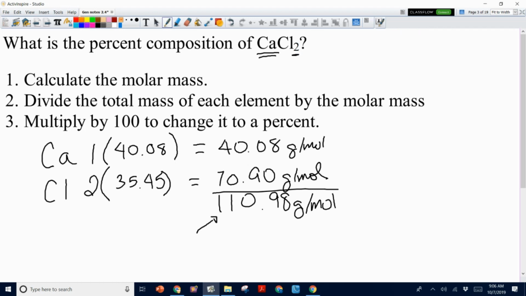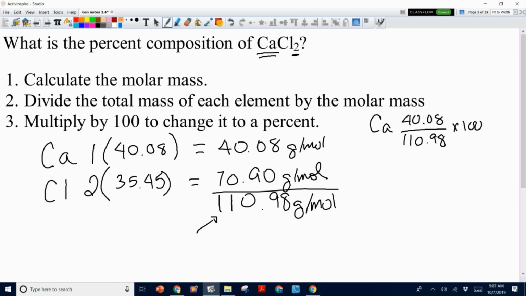So to find the percent composition for calcium, we're going to take our part, which is 40.08, divided by the whole, which is 110.98. And we're going to multiply that by 100 to get a percent.